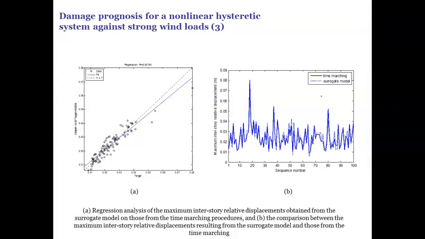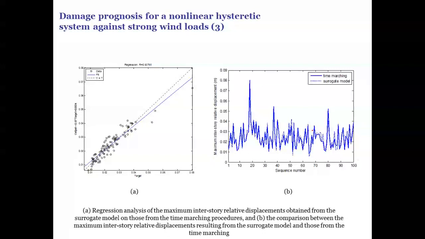As you can see, the result based on the standard time marching scheme, that's our target here, is plotted in the solid line. If we use the trained artificial neural network, we get this surrogate model, plotted here in the dotted line, and a reasonable approximation can be observed.